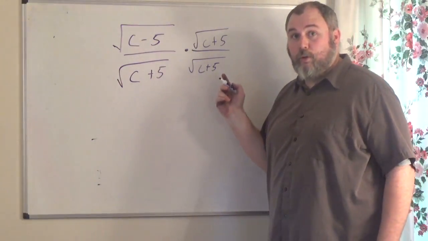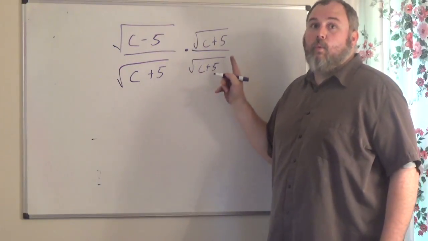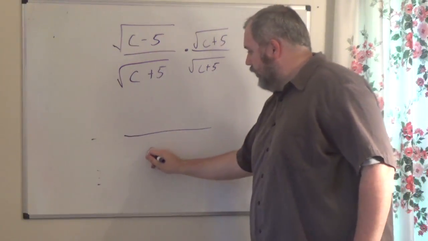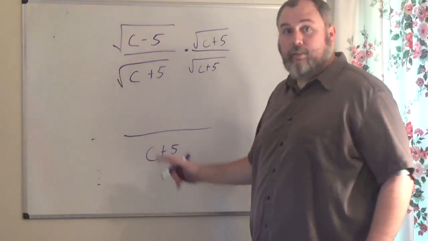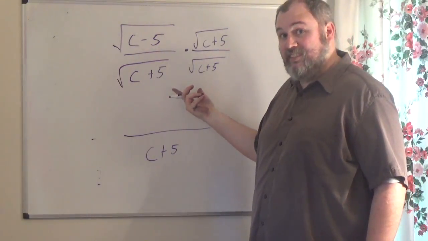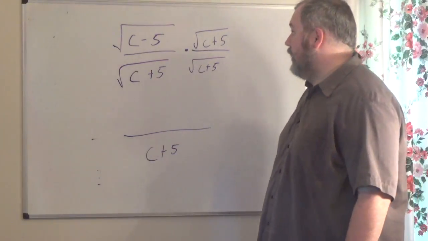Alright, so let's do it. What happens here? Well, they multiply. Guess what you get? c plus 5. Basically, like I said before, when I multiply a square root times itself, it just cancels out the square root.